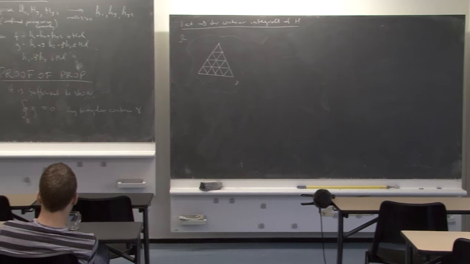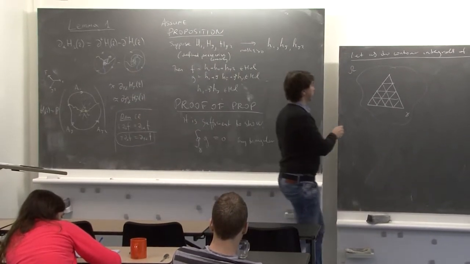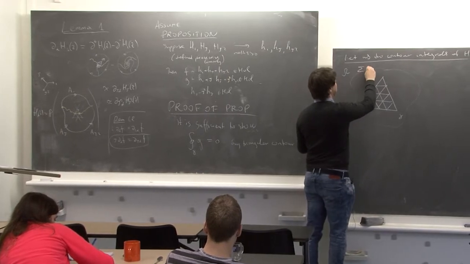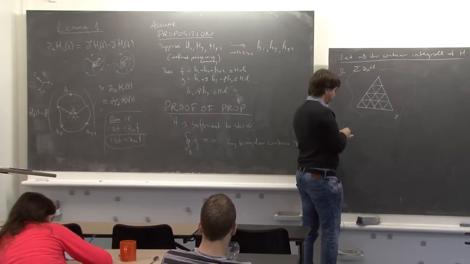And what I will do, I will sum d alpha h over the following vectors.